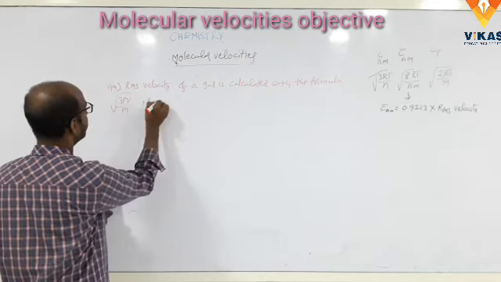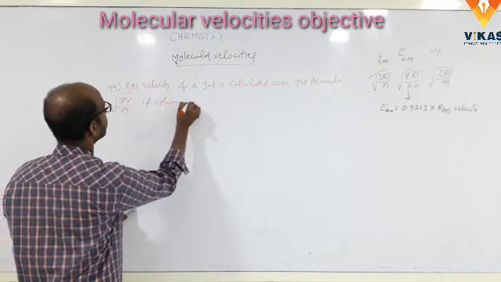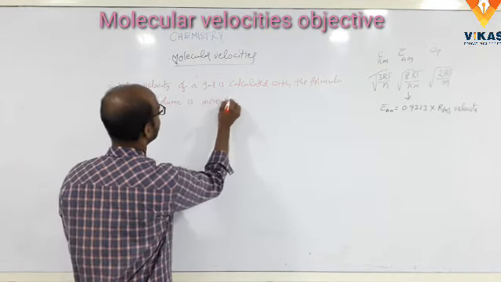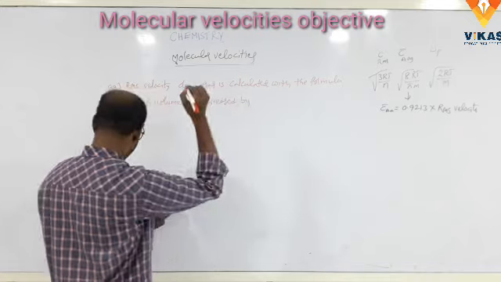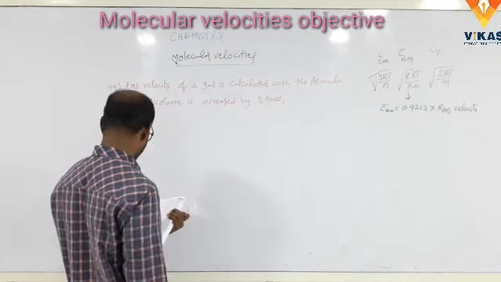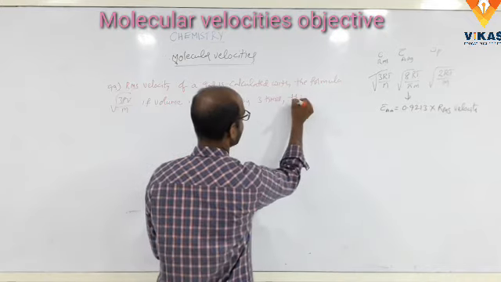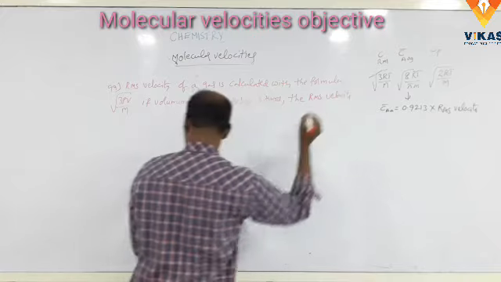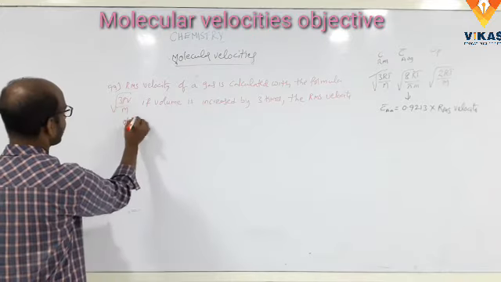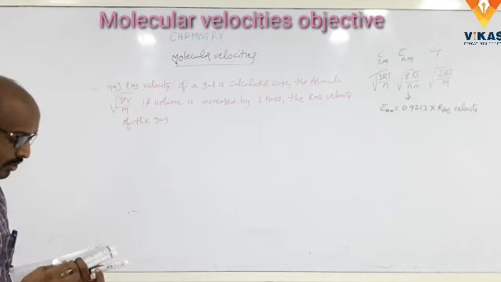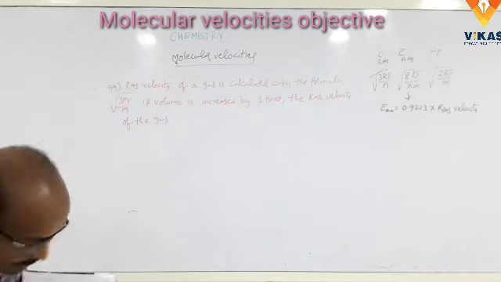If volume is increased by 3 times, the RMS velocity of the gas... So that is the question, and the 4 options.